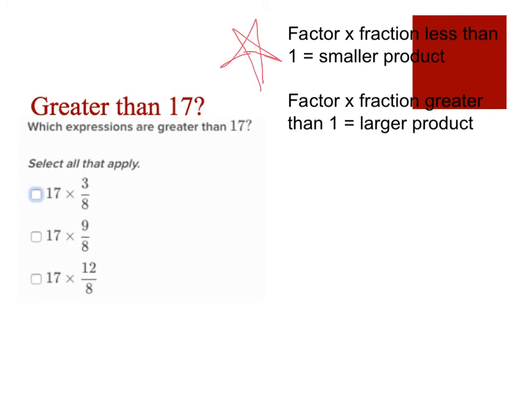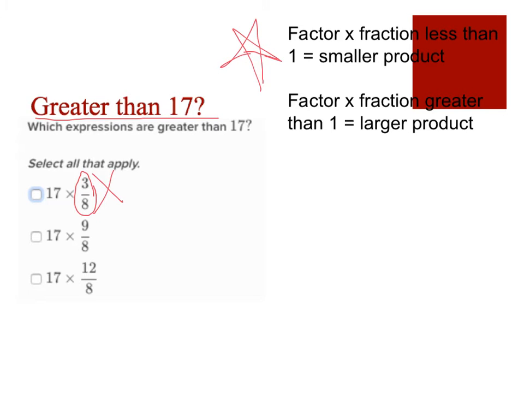First of all, a factor times a fraction less than 1 is going to give me a smaller product. I know right away that I don't want a smaller product because the question is asking me which one is greater than 17. So my first expression, 17 times 3/8: 3/8 is a fraction less than 1, so that's not what I'm looking for. That's going to give me a product less than 17.